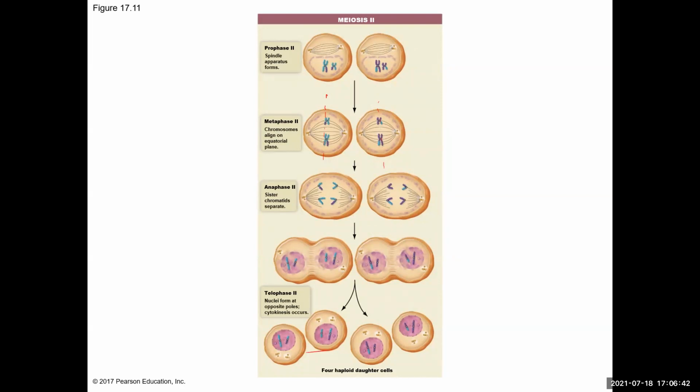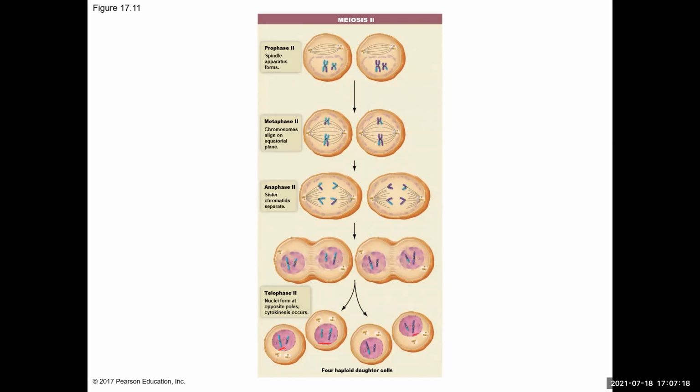So notice that each one has one copy of the big, one copy of the small, but the versions of those genes are different. So for example, if we look, the big one in this cell is the paternal copy, whereas the little one in this cell looks like a paternal copy that has the maternal crossover on it, and then it's the opposite of these.